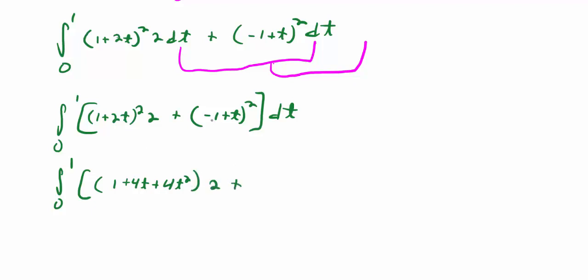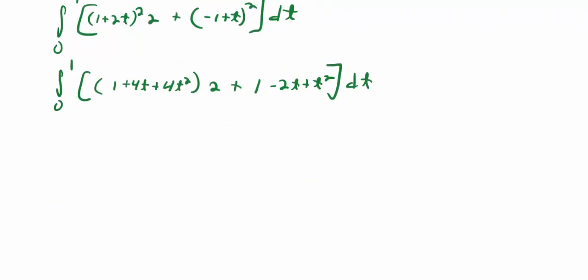And then what's negative 1 plus t quantity squared? 1 minus 2t plus t squared, right? No parentheses needed because we're not multiplying that times anything. Close bracket dt. And then this part just becomes everything inside doubled, right? So 2 plus 8t plus 8t squared.